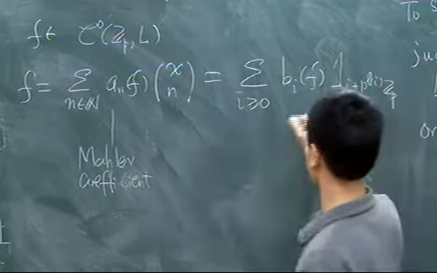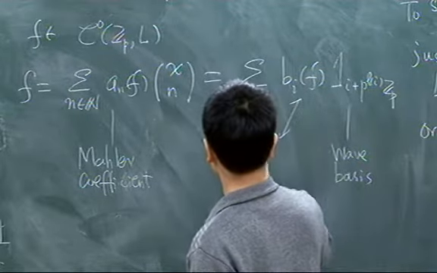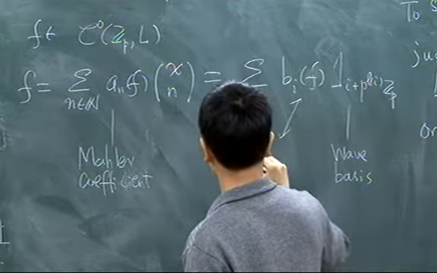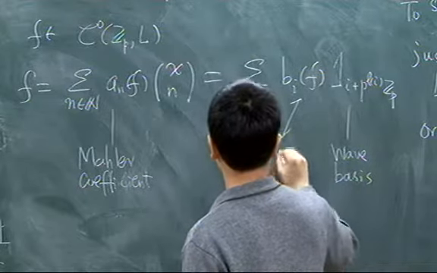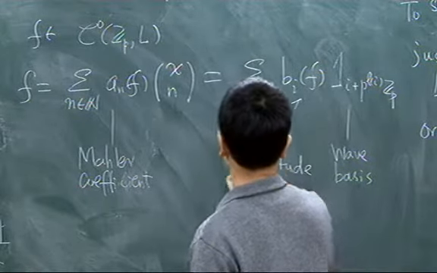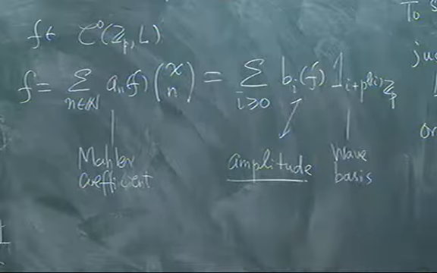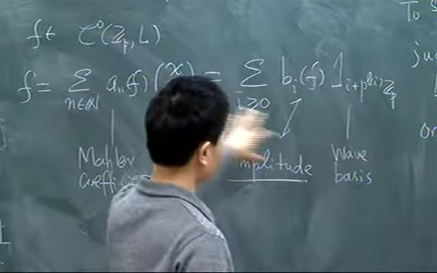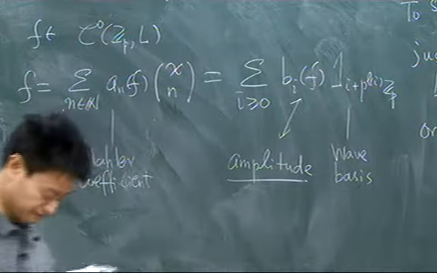And the coefficient, he called this coefficient the amplitude. Okay, so this is from physics, the amplitude. So we have two bases, also normal bases.